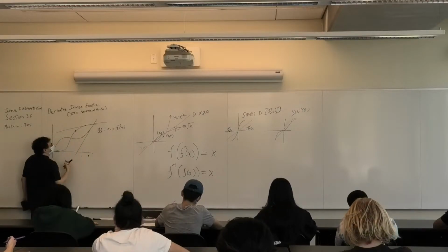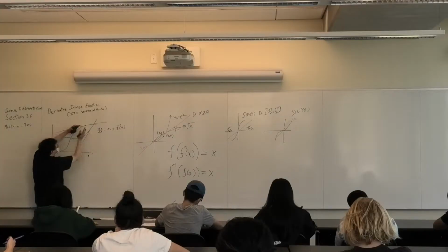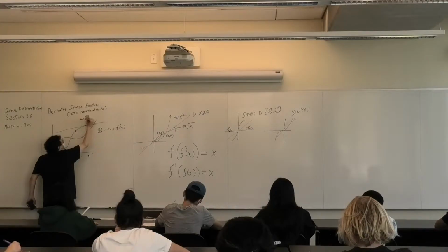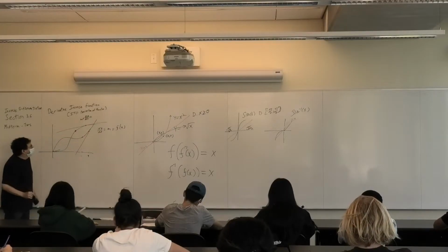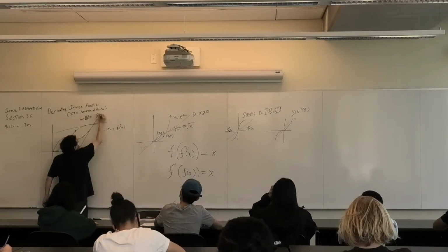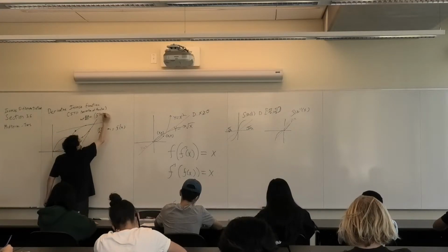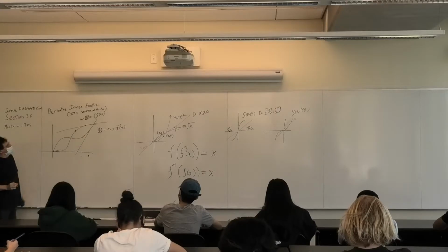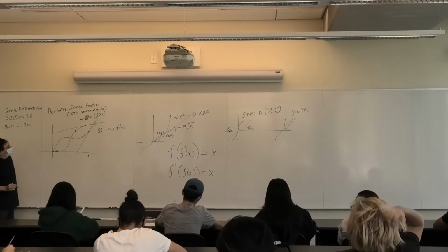For the inverse function, the x's and y's are switched. So its slope is going to be delta x over delta y. That's the derivative of the inverse.